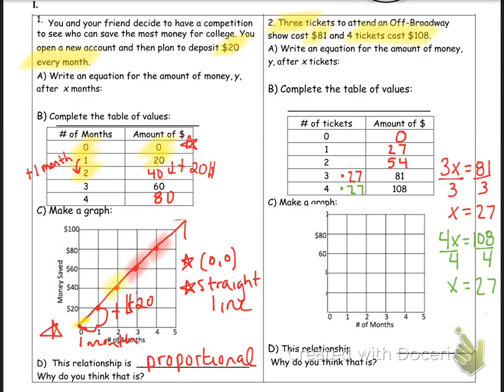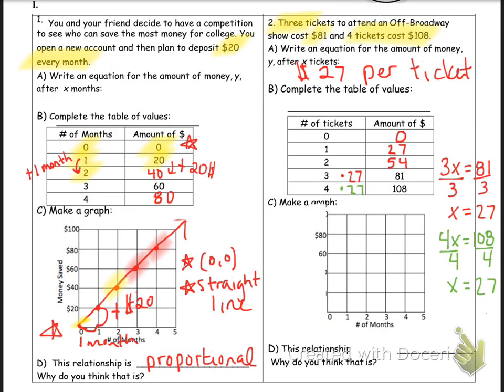If you also realize this, we are saying $27 per ticket. Where have you seen that before? The unit rate. The unit rate that we've been doing for a while throughout this unit.